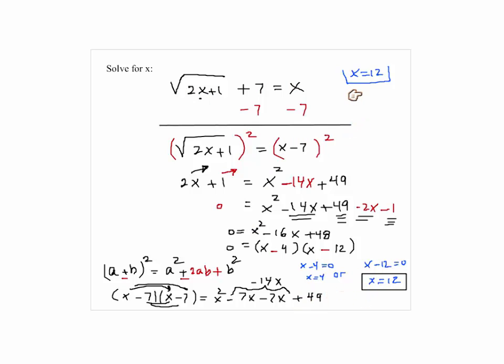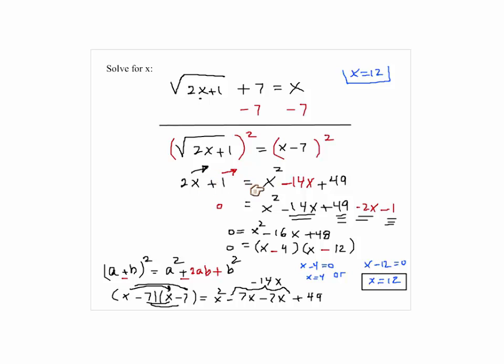If I had a radical x instead of x here, then I cannot really isolate the radical, because when I move the 7 to the other side, this radical won't be isolated. But you at least separate the 7 here, and you have to square both sides once, and then reduce, and then square it again.